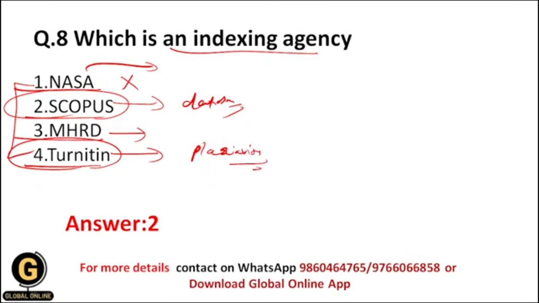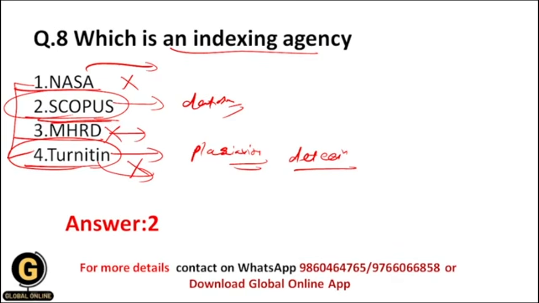Okay, this is commercial plagiarism detection software, and it sells its licenses across the globe to different universities and academic institutes, right? And that's why this option gets eliminated. Again the MHRD option gets eliminated, so your correct answer is Scopus. So you should remember that Scopus is an indexing agency which is going to provide you a database for interdisciplinary abstracts and citations.